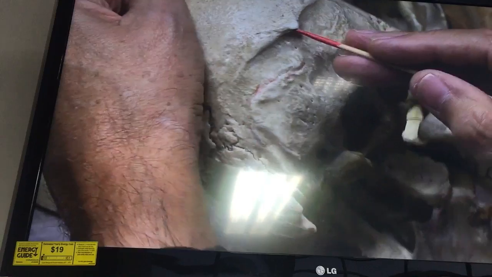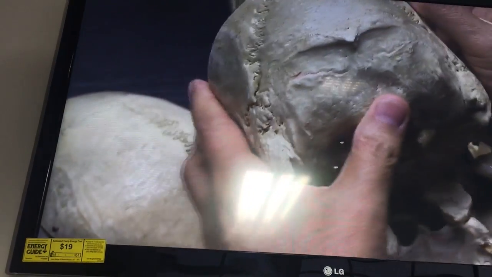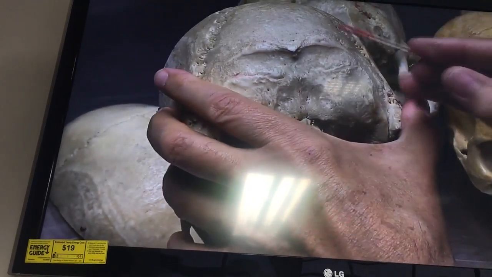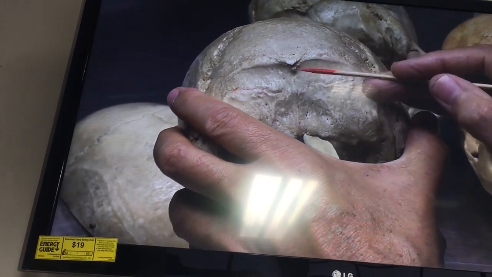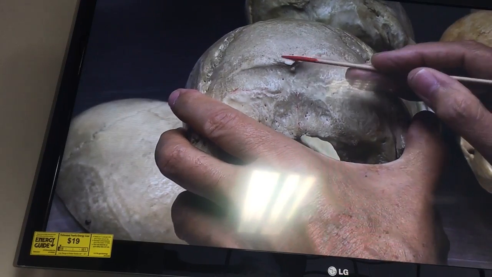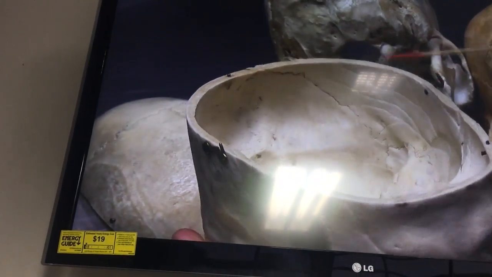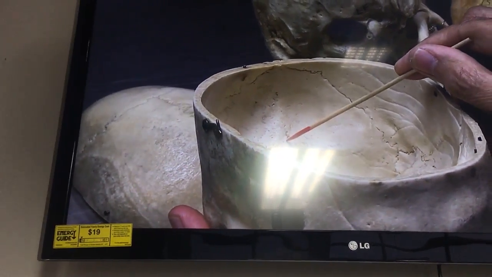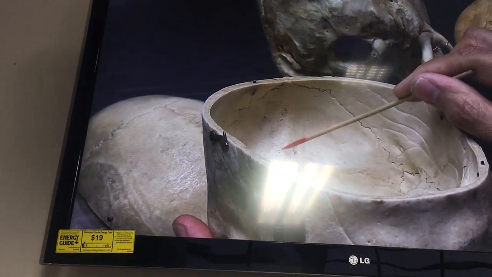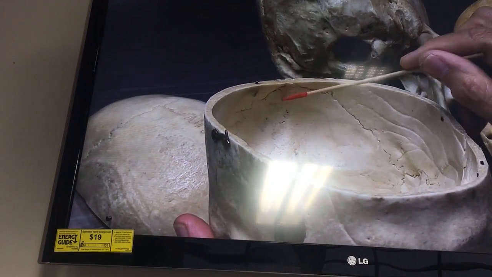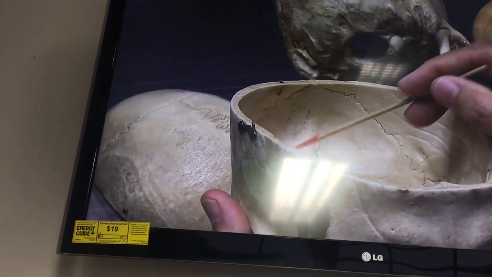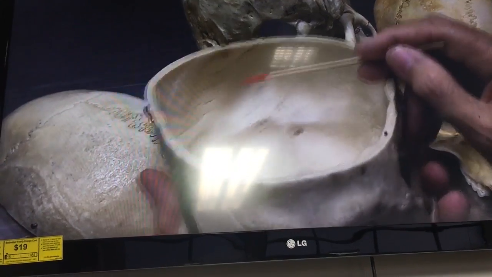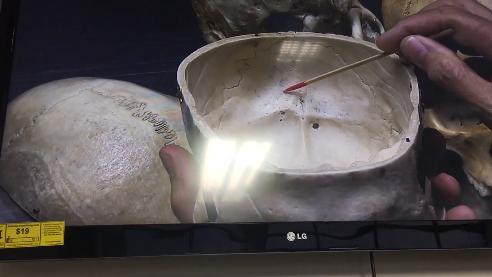This external occipital protuberance, I don't want to steal Professor Wilson's thunder, is the external surface marking for the area on the internal occipital protuberance where the sinuses meet. There's a confluence of sinuses here, okay?